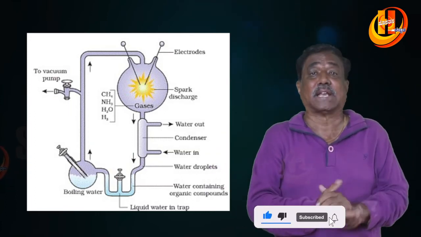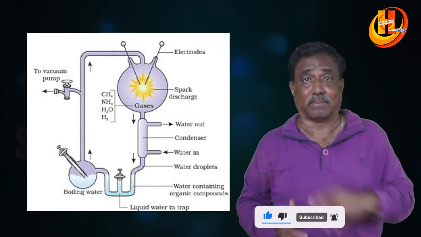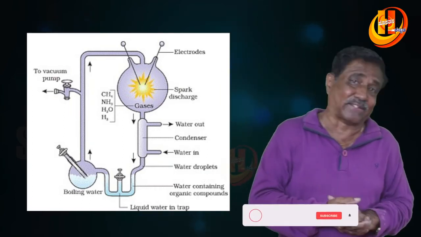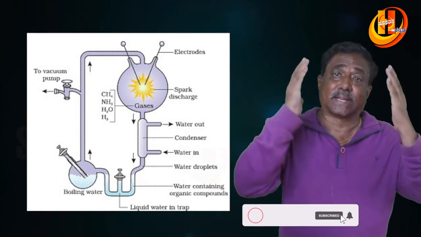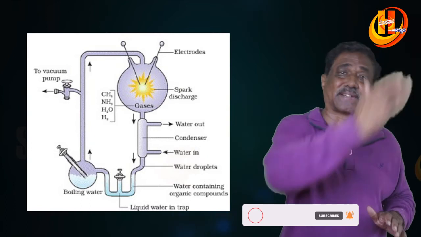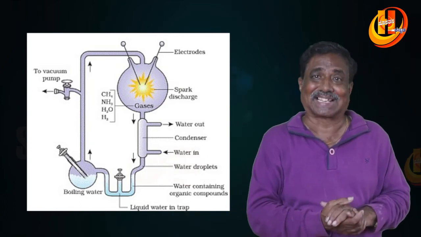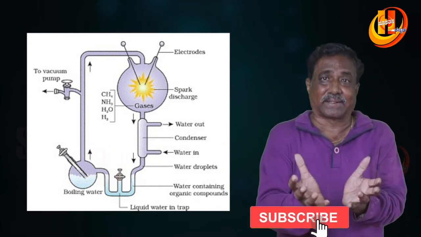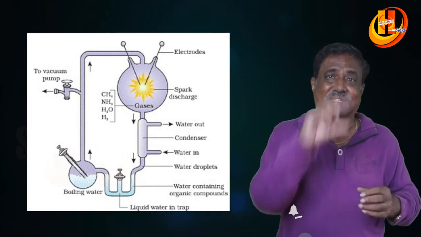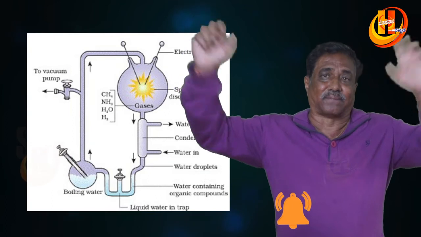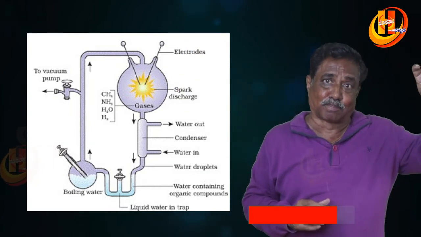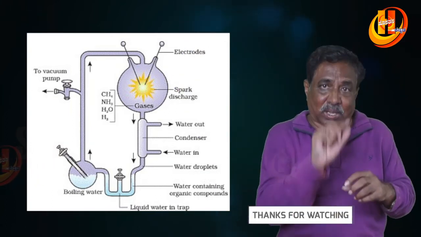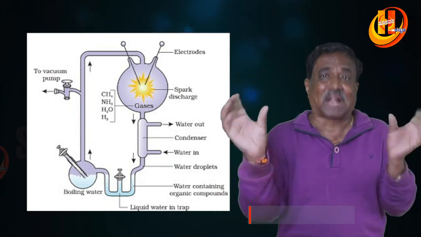Proof for this comes from the experiments of Urey and Miller. They designed the apparatus in such a way that the conditions were similar to those which existed on the pre-biotic earth, or primitive earth. The apparatus consists of a round-bottomed flask and a spark chamber, tungsten filaments connected to this, a vacuum pump, an inlet and outlet to a U-shaped trap tube, and a condenser.